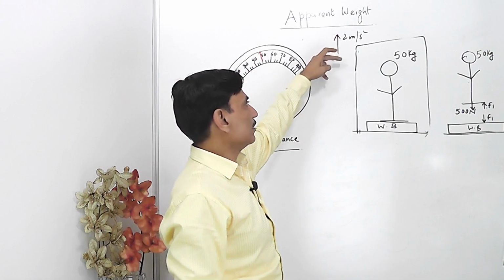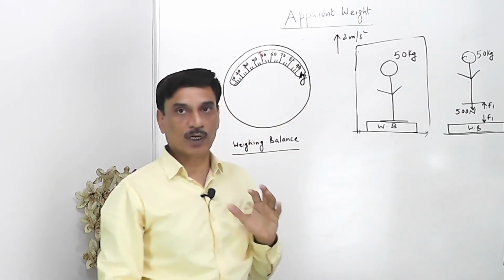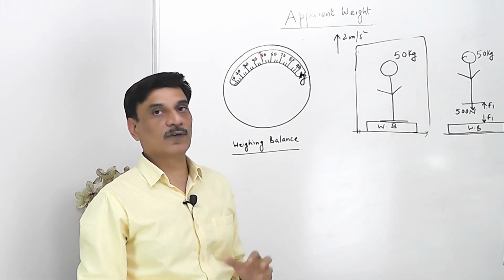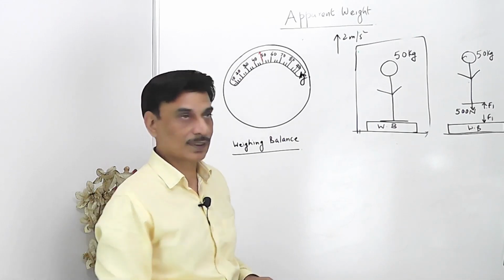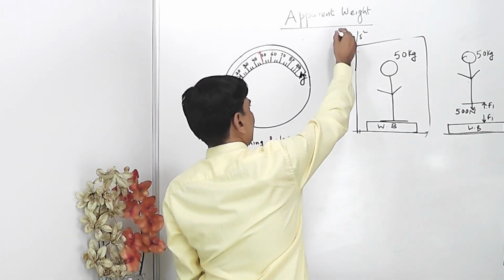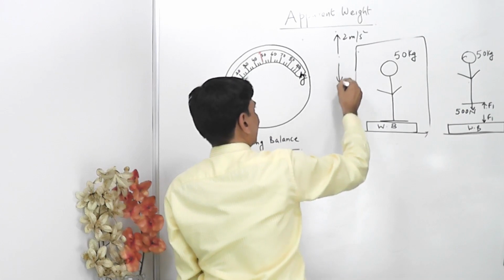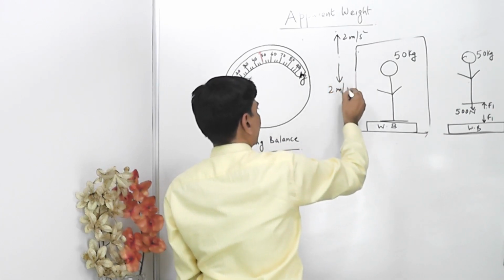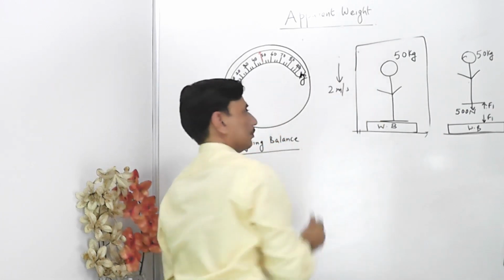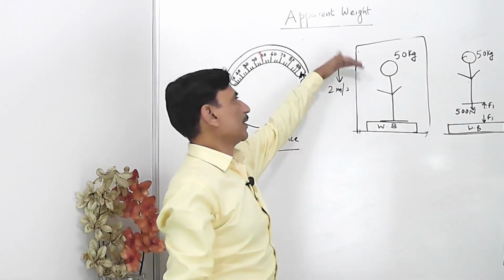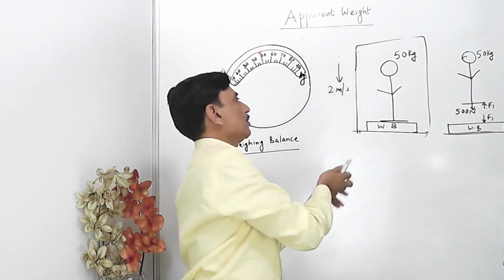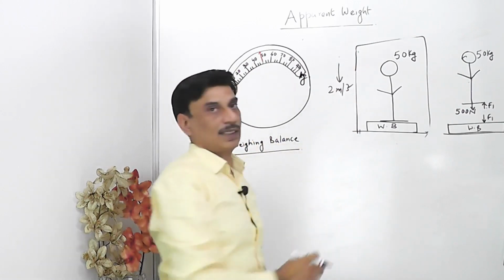When it is retarding, what you do is you convert the cases of retardation into acceleration. So retardation of 2 meter per second square this way means acceleration of 2 meter per second square in the opposite direction, downwards.